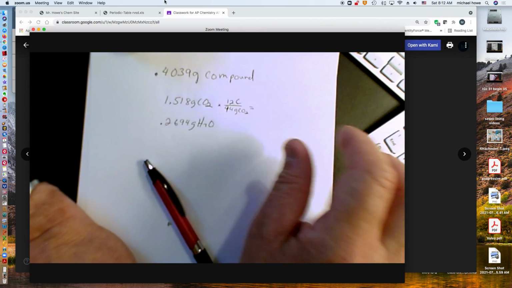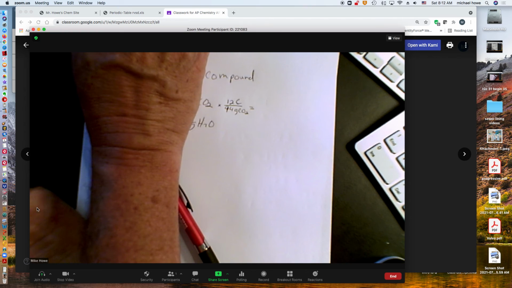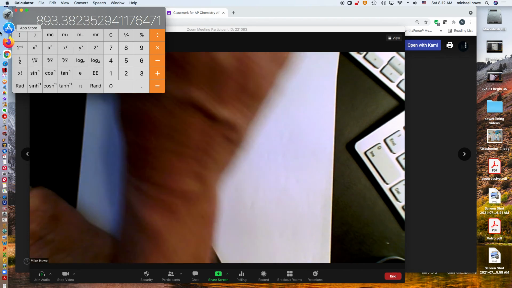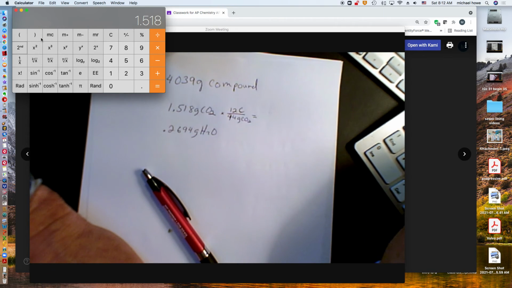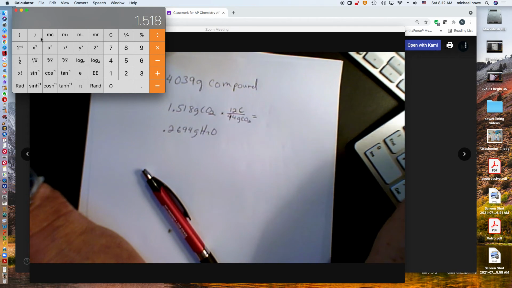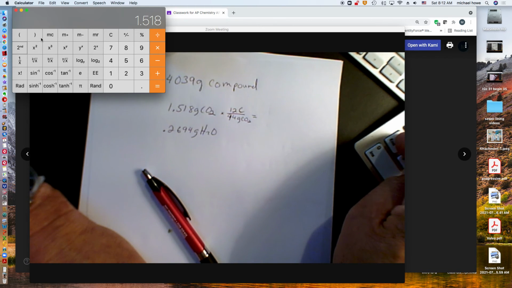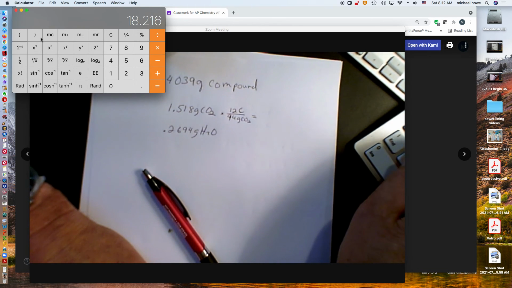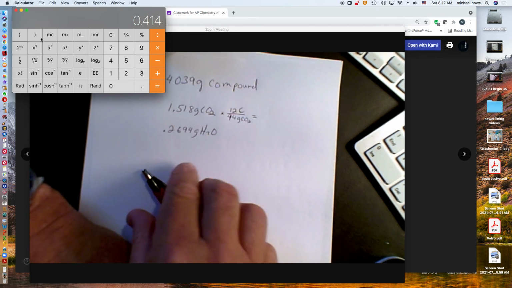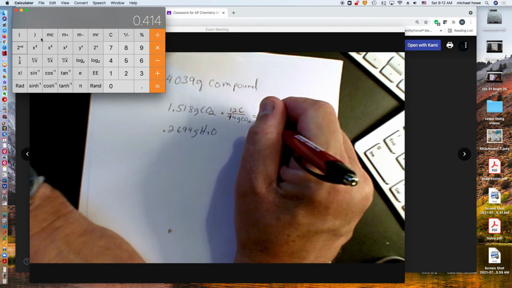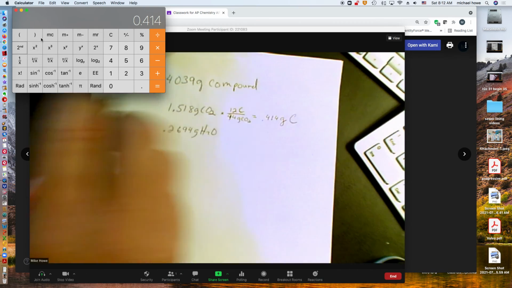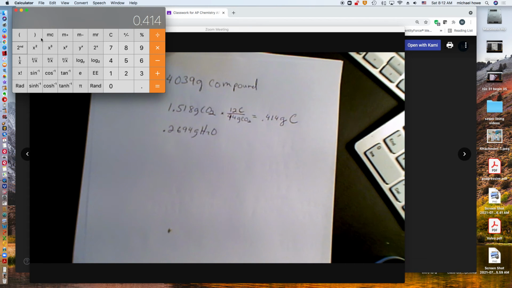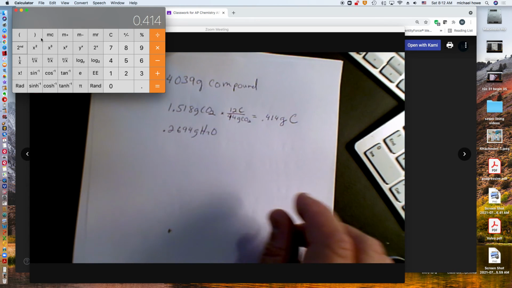All right, so we get our calculator where we can see it. So we'd have 1.518, and we would multiply by 12, and we divide by 44. So we'd have 0.414 grams of carbon. Okay, let me just do that one more time.